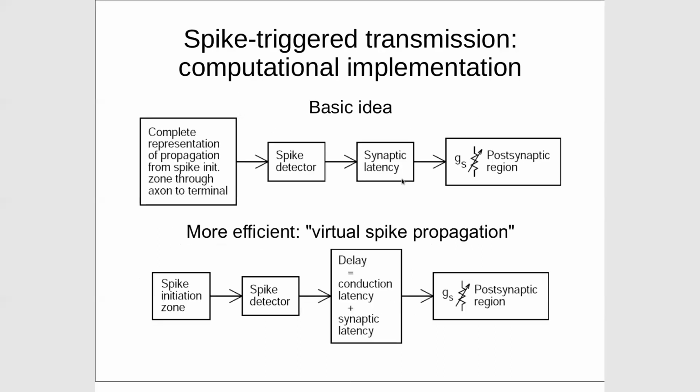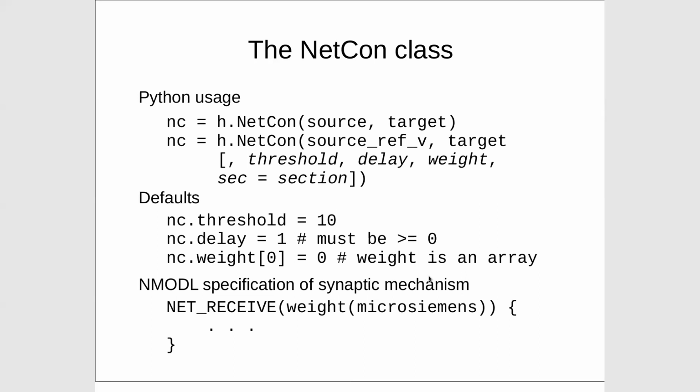Because what is going to happen is during a simulation, every time the presynaptic cell fires a spike, the spike detector will detect it, and it will add an event to an event delivery queue where that event sits and waits until it is time to deliver the event to the postsynaptic terminal and perturb the postsynaptic mechanism.